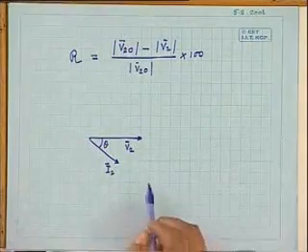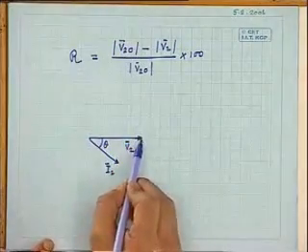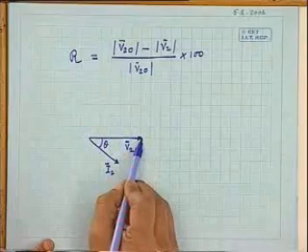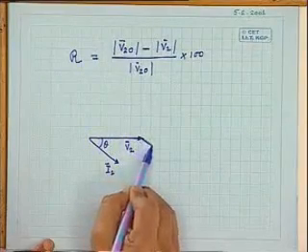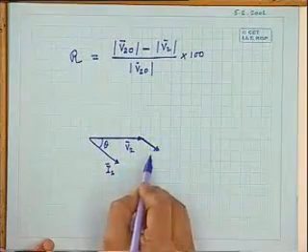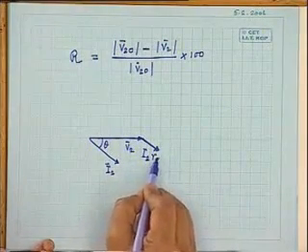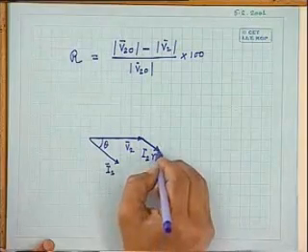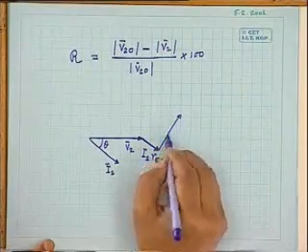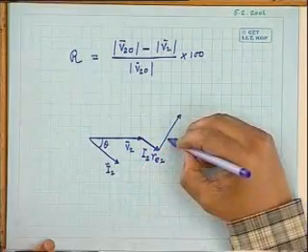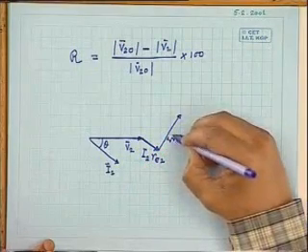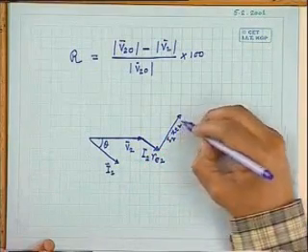Now, to this V2, if you add these two drops, then you will get V1. So you add this one, that is I2 Re2, and then to this you draw a 90-degree angle, and this length will be I2 into Xe2.